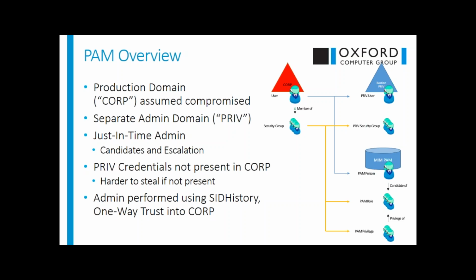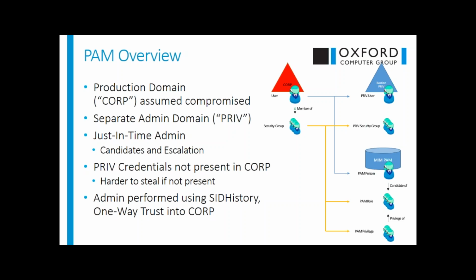This is the idea that we assume that our production domain has been compromised, which we're noting here as our corp domain. So we're assuming that there's malware out there just waiting to listen for password hashes, in particular, and steal password hashes when the time has come for the attack, and start the usual process of attacking, which involves moving sideways to other computers, stealing elevated permissions, and trying to elevate all the way to domain admin, at which point we've lost.